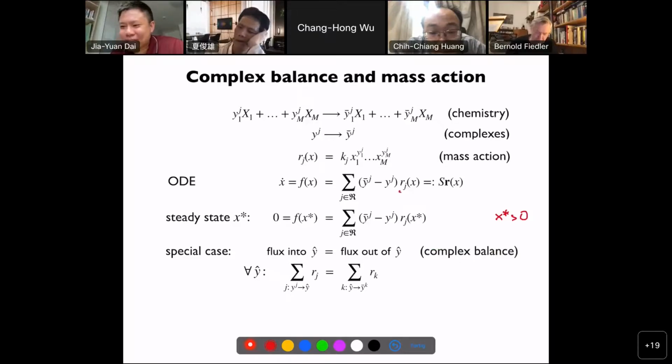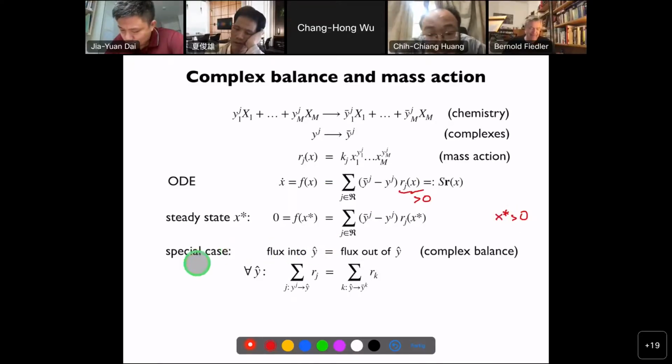And also the reaction rates should be positive for positive entries. Otherwise, you just omit them. If they are always 0, or yeah, they shouldn't become 0 at positive concentrations. Okay. So these are standing assumptions, which I forgot to mention. Thanks, Jaya.